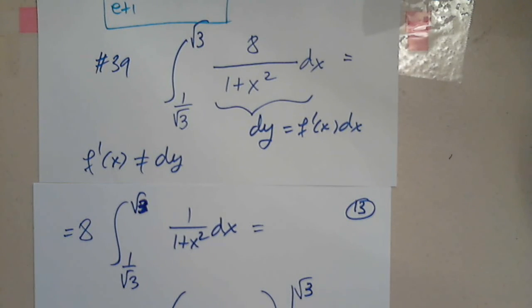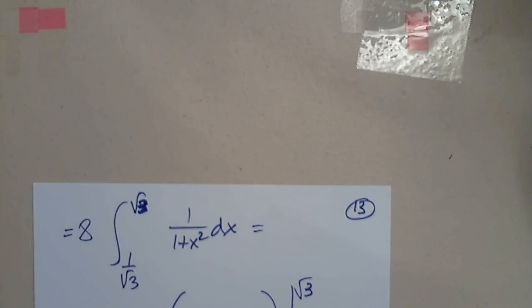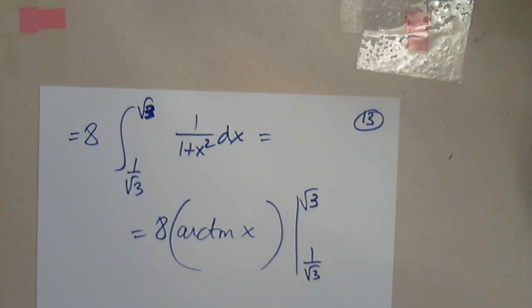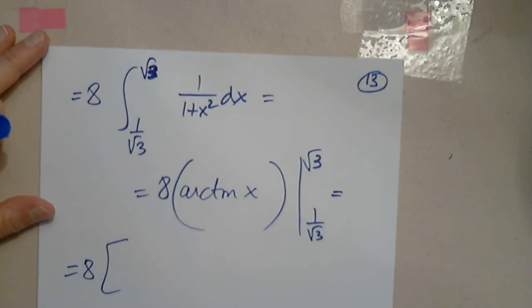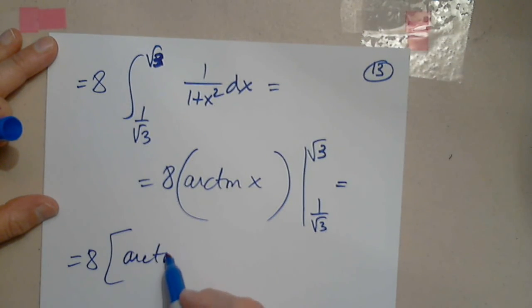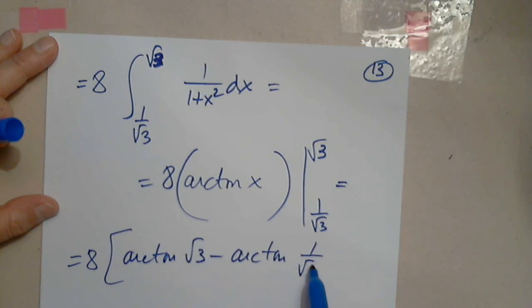Arctangent. Very good. Okay then, so it's 8 times arctangent square root of 3 minus arctangent 1 over the square root of 3.